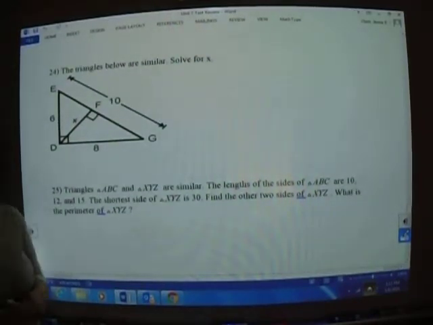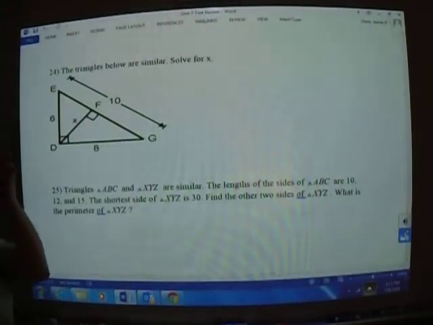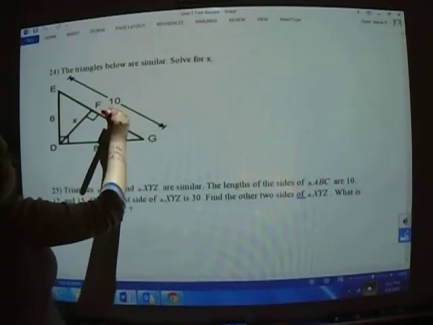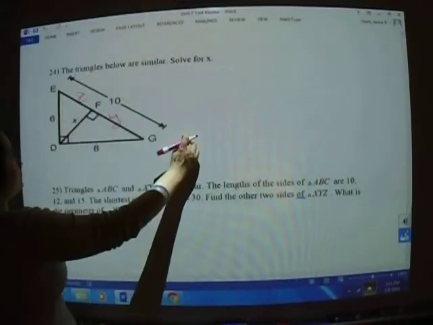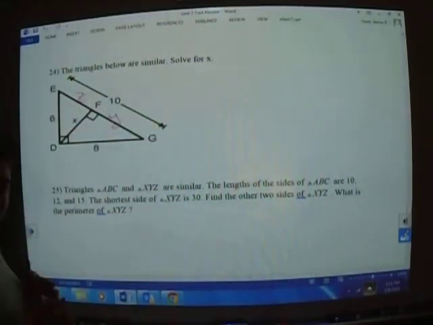Okay, number 24. The triangles below are similar. Solve for x. Alright? So, let's split this up into y and z. We need to find those, because the fact that this is 10 helps us, but not that much, right? So let's start with 8. Let's find out what y is.